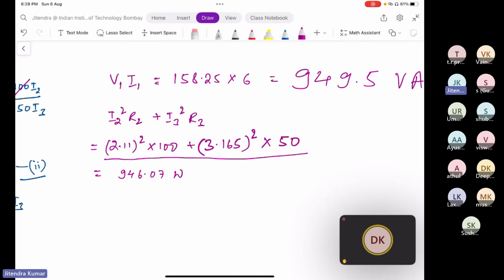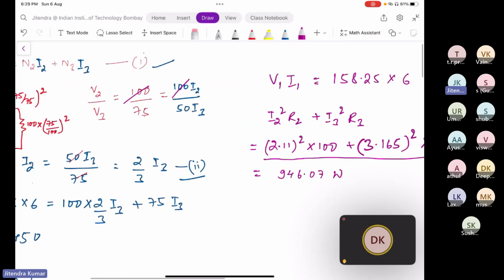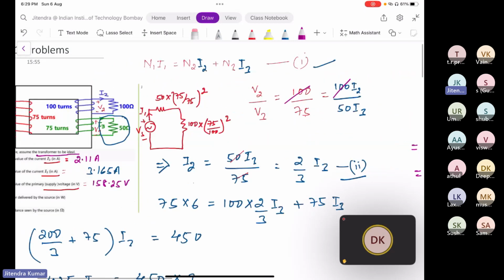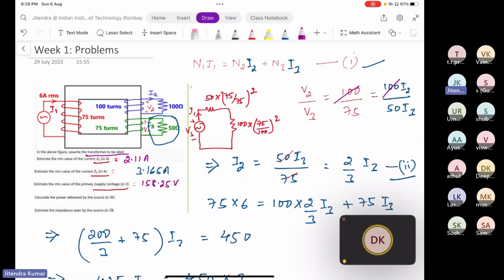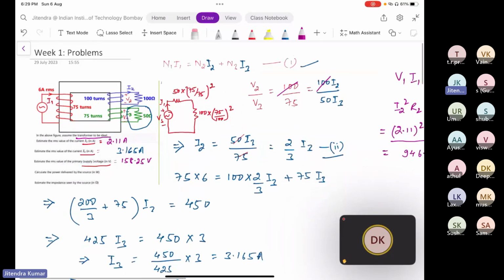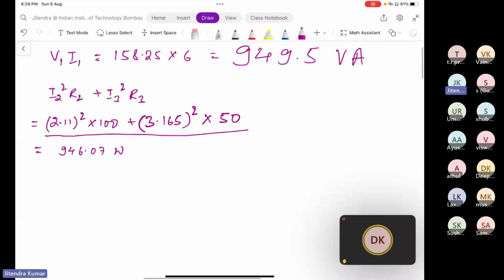So both values are not matching, both are not equal. So there must be some loss. We might have ignored some losses. Anyway, they are not given. So are you able to point out any reason for the mismatch in both the values?